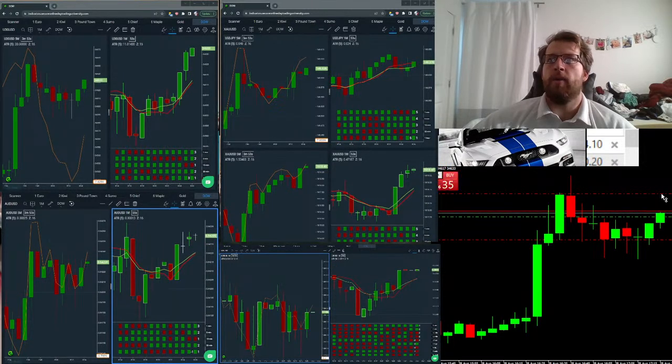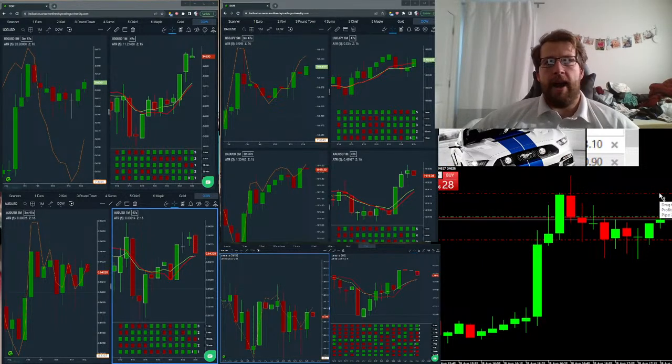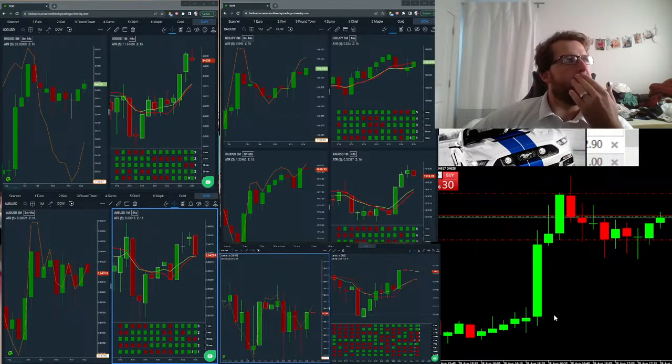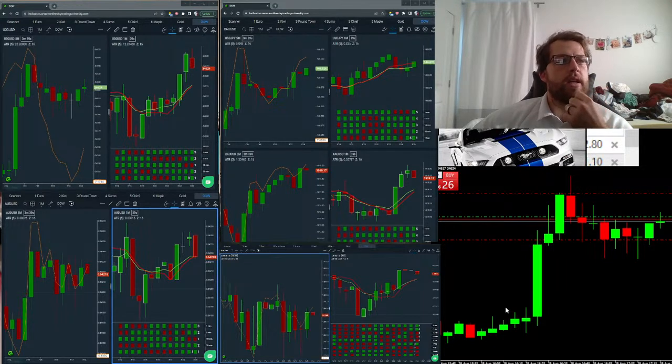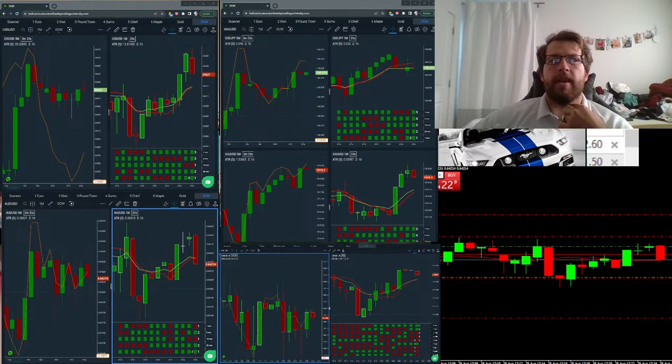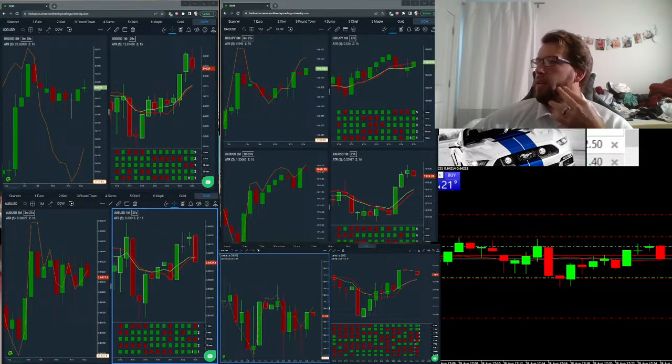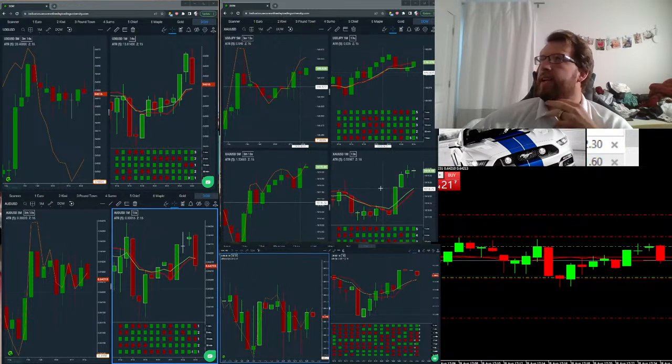Now we want it to keep going up so we can get filled with our buy. Last thing we want it to do is to go back down, like it's currently doing. Aussie, we're still in on both of those. And the thing about our gold trade, I think it actually would have won if it let us in.